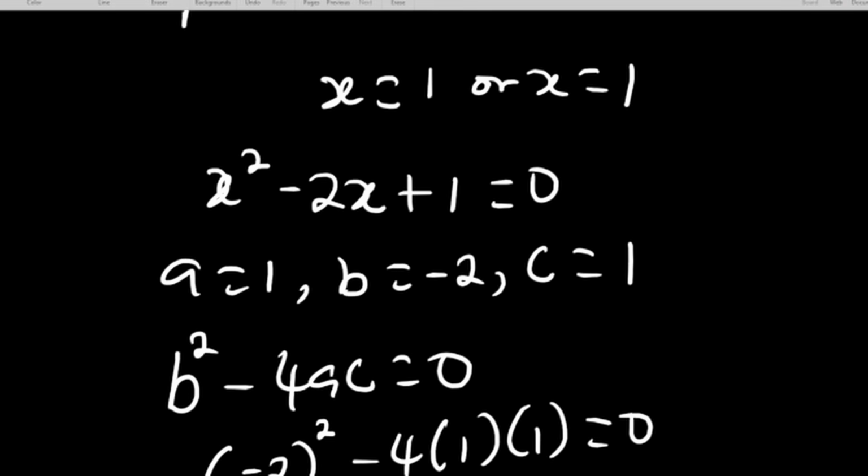You could be getting x equals 2, x equals 2, or x equals 3, x equals 3. So if the discriminant equals 0, it means that the roots are real and repeated. So that's the first condition.